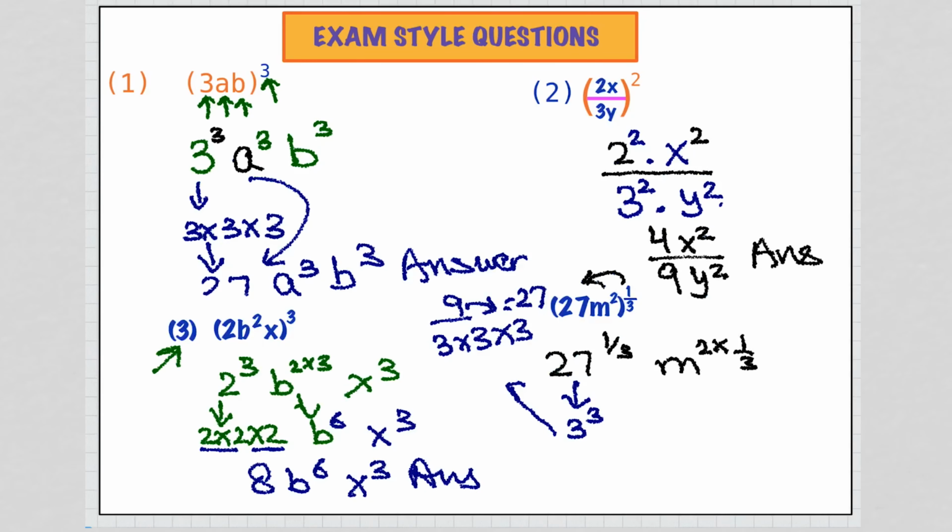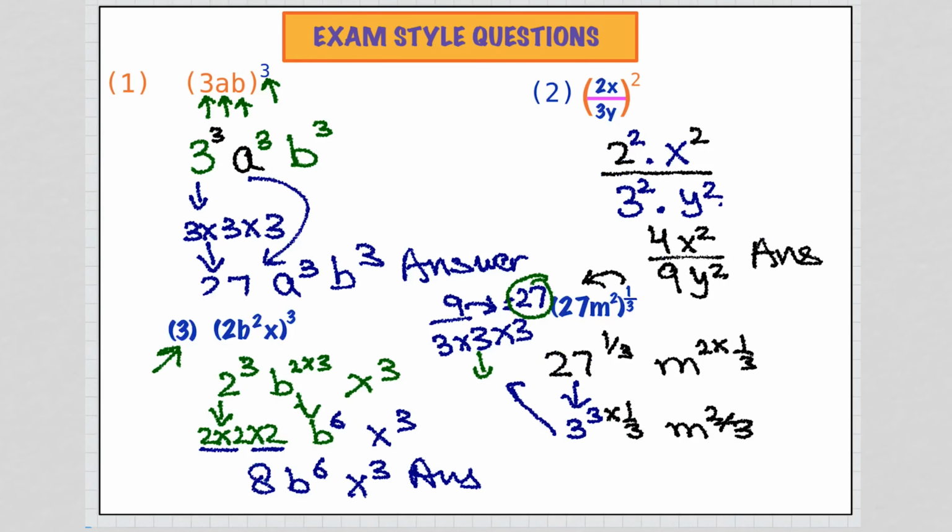So I can replace this 27 with 3 cube, because 27 equals 3 cube. I can replace 27 with 3 cube, and the next step would be the power as it is, m. Now in this one, 2 times 1 is 2, and then 2 over 3.